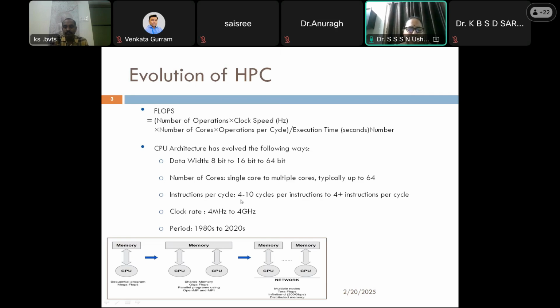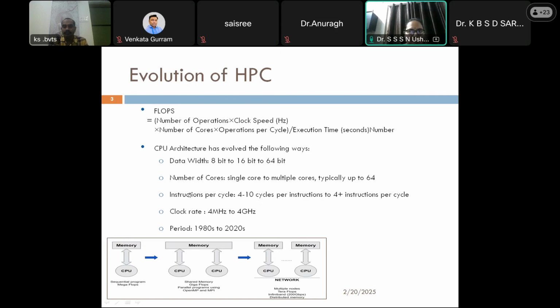Instructions per cycle, I hope you are already aware, means how many instructions per cycle are going to be executed. These are also increased. And also the processor clock rate has increased. So these are the multiple changes observed in this period.